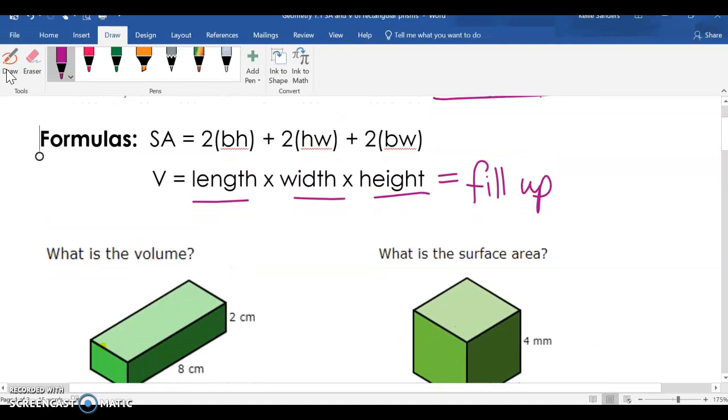If you're finding the area of a rectangle, it's base times height. And since there are 2 of them, the front and the back, you're going to do base times height times 2. You're going to do height times width times 2, base times width times 2, and you're going to add all of those up.